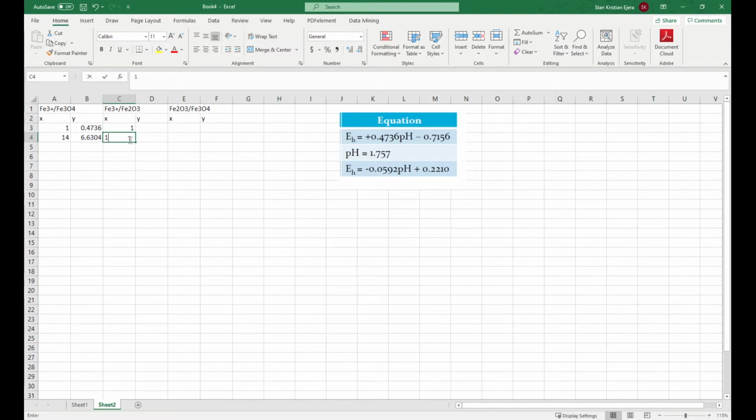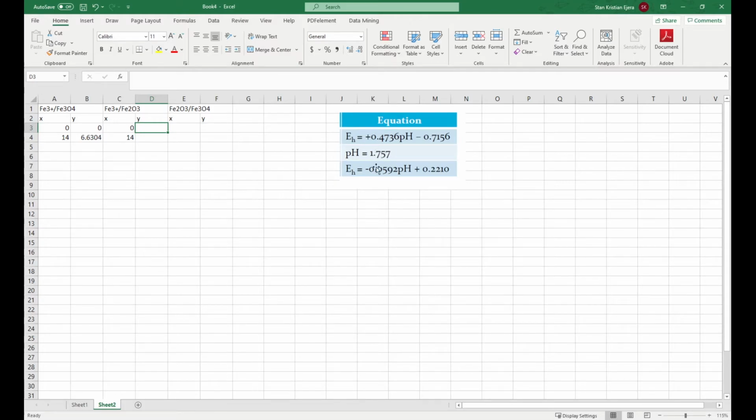Tapos ito, 1 to 14 din. Okay. Sorry. pH values runs from 0 to 14. Okay. So, pwede 0 to 14 lang yung gagawin ko. Next is yung Fe3 plus to Fe2O3.